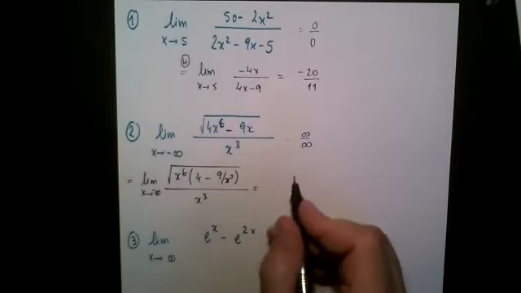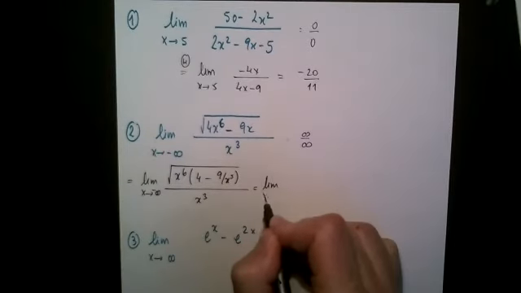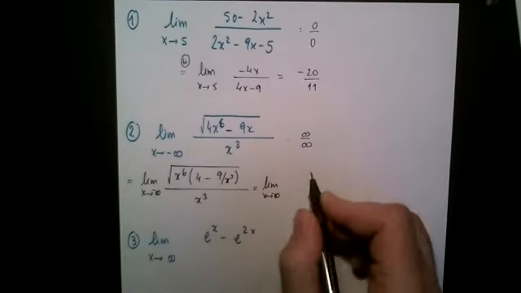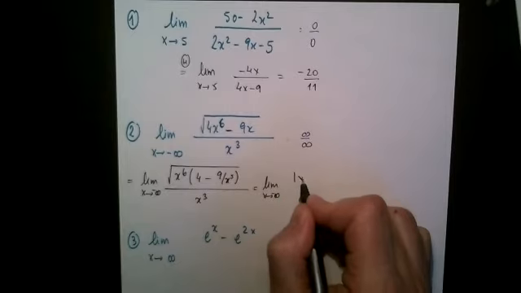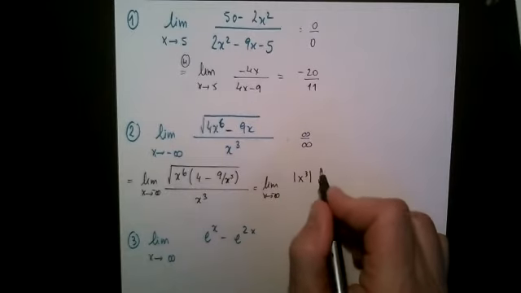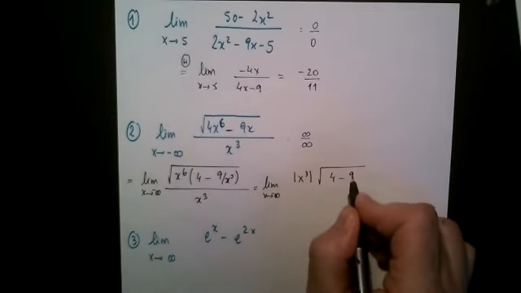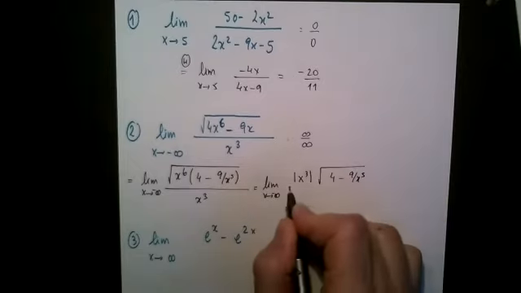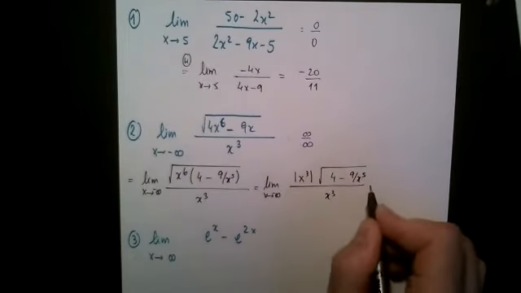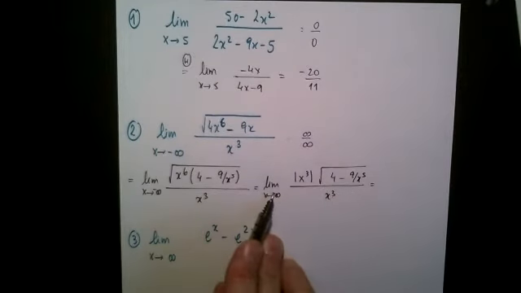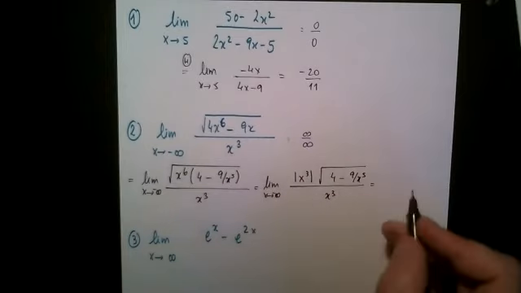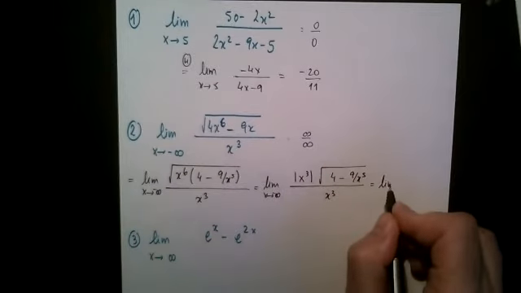Then the square root of x⁶. So the limit as x approaches negative infinity is the absolute value of x cubed. Don't forget the absolute value. Times the square root of 4 minus 9 over x⁵, over x cubed. And since x is negative, when you take out the absolute value, it becomes minus.